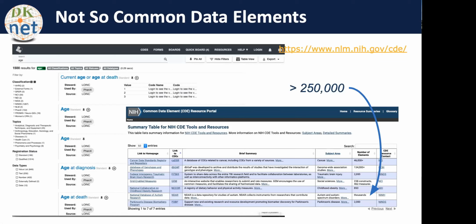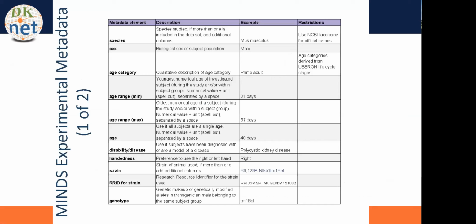And the one thing to be aware of here is that if there are slight variations in a questionnaire that you're giving someone, for example, if you're working with human subjects and you give them a questionnaire and you change one of the questions, that changes the whole questionnaire. And in a lot of database systems, that gets entered as a whole new set of common data elements. So it's important to understand how these common data elements are developed and how that impacts your reuse of them, if you are using them.